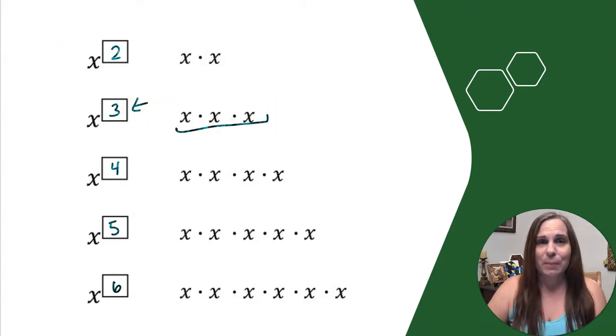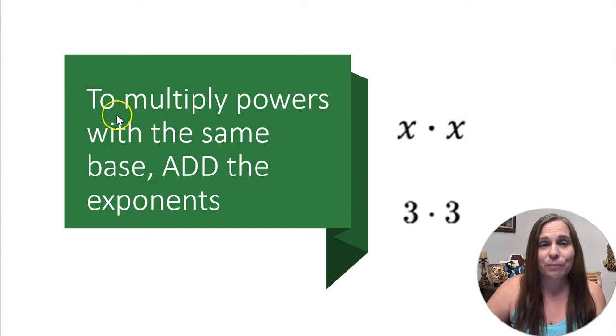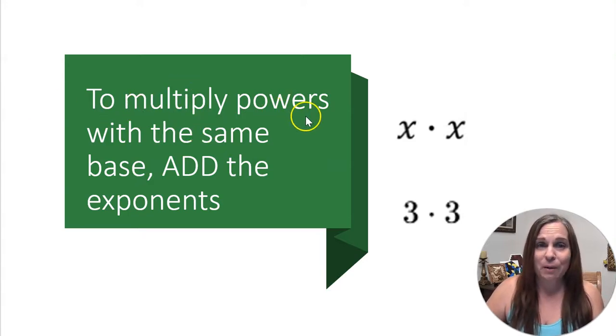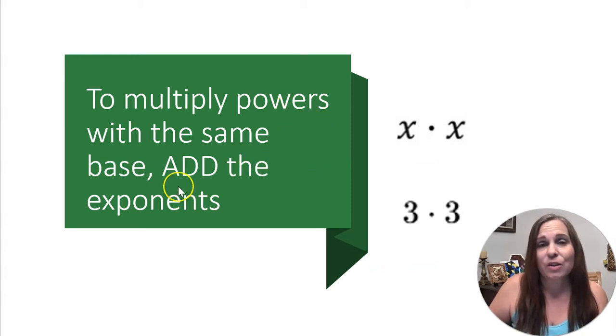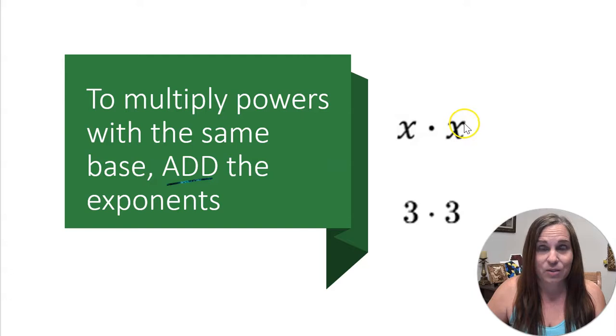So let's look what happens when we use this to multiply powers of x. So to multiply powers with the same base, add the exponents, and we're going to see what that looks like. So if I look at even just x times x, right?